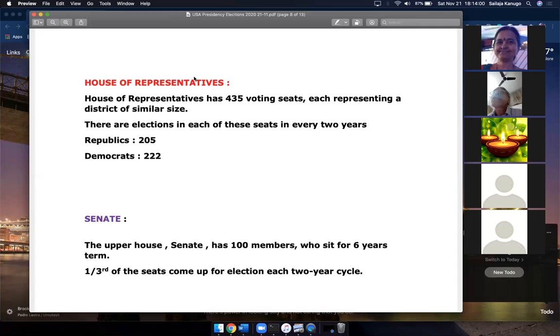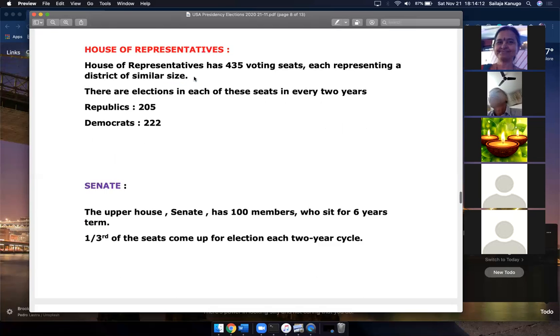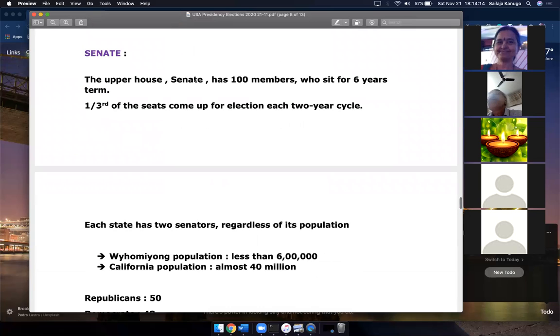In Congress of USA, there are two houses, two sabhas. So upper house, lower house. Upper house is called Senate, lower house is called House of Representatives. Now, it is like our Lok Sabha. In the House of Representatives, 435 voting seats are there, each representing a district of similar size. So there are elections in each of these states every 2 years.